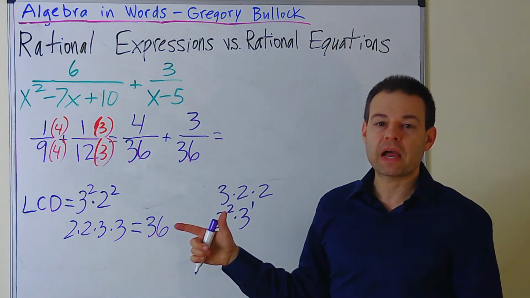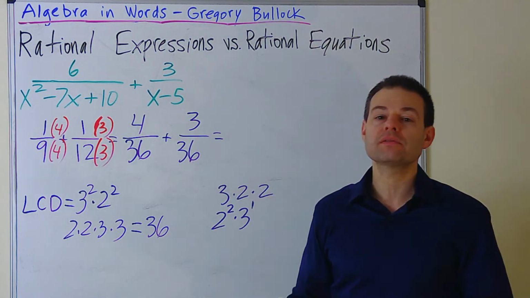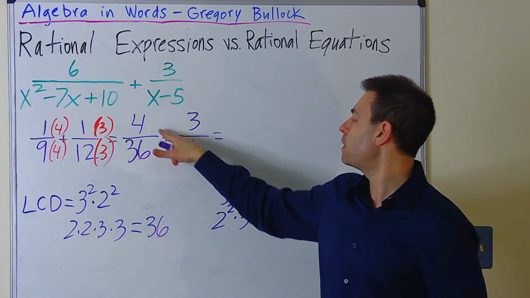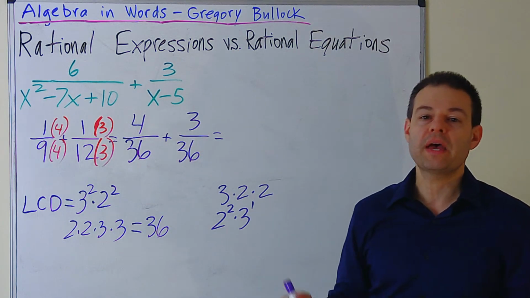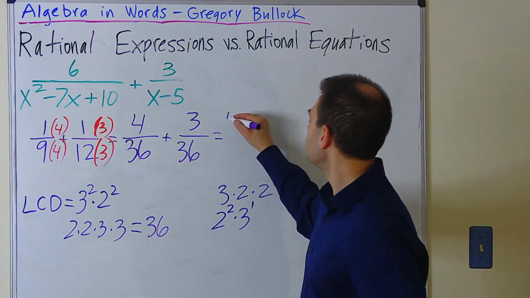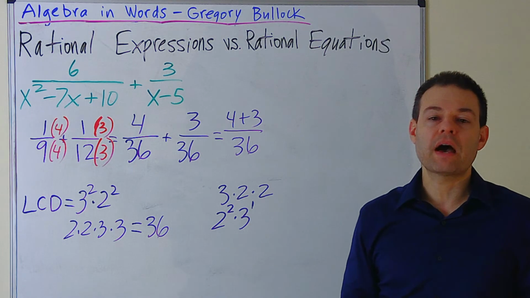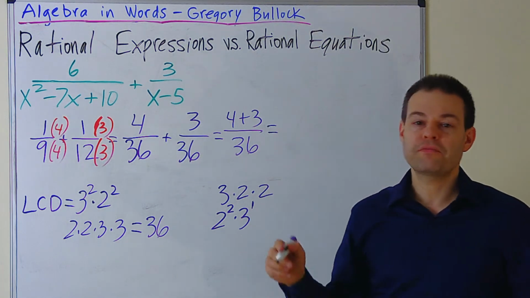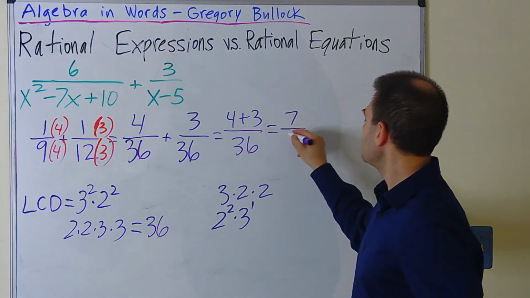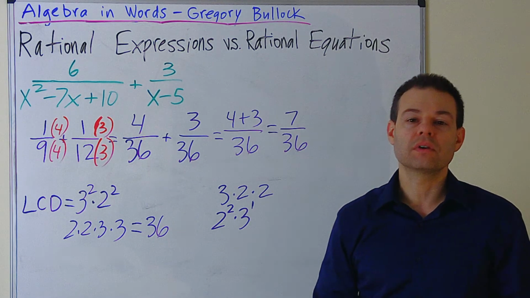Now we have like fractions because we have common denominators. And now we're going to apply the operation across the top, adding the 4 plus 3 over the least common denominator, now 36. And 4 plus 3 is 7, so the answer is 7/36.